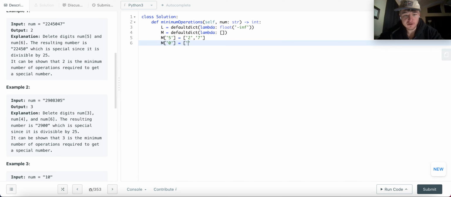Our matches for 0 are 0 or 50. So if my last digit is 5, then my match is 75 or 25. If my last number is 0, my match is 50 or 00, right? 100, 200, 300, 400, 500, 600, 700, 800. All right, so on and so forth.